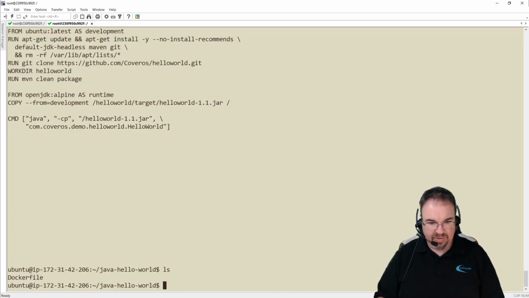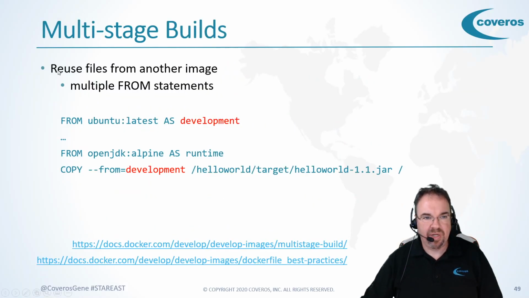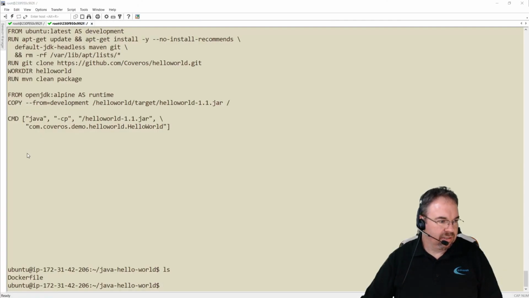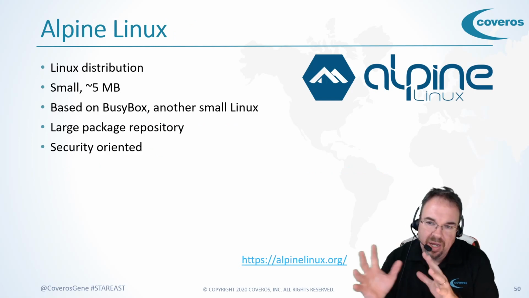I'm in a directory with only the Dockerfile. We're going to see a little bit about what we did. This multi-stage build, we're going to reuse files from a different image using multiple FROM statements, right? We called the first one development, and then we copied from development to use that. Okay, the image we're actually using, let me go back. The image we're actually using is called Alpine Linux. Ubuntu is great.